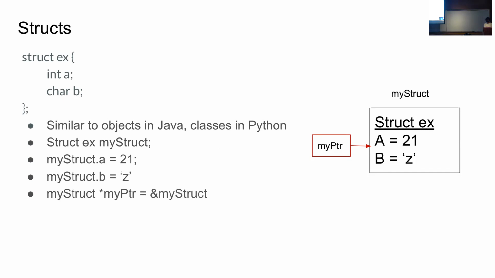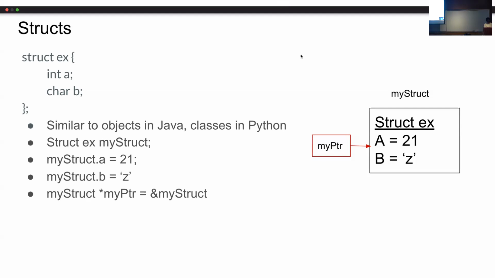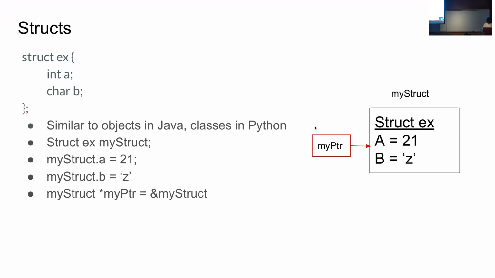And like any other value, a struct has a pointer, has a memory address. So if we use the AND operator, what it's doing is getting a pointer to the struct.